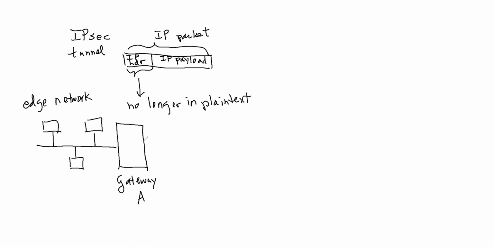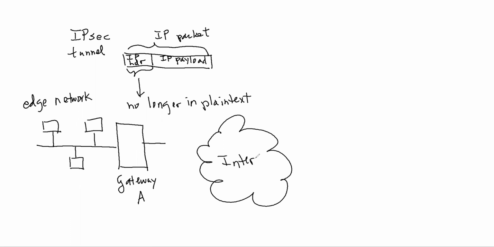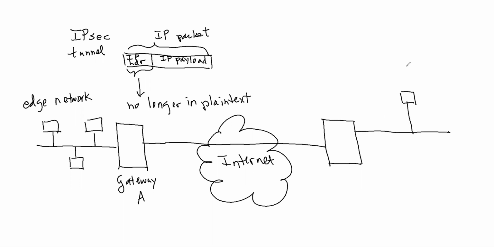And then it's connected through intermediate routers. So this is the internet. And then let's say the destination is here.